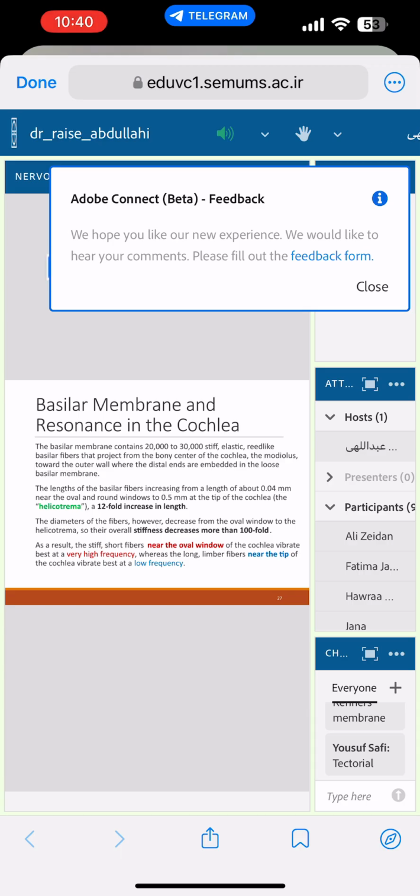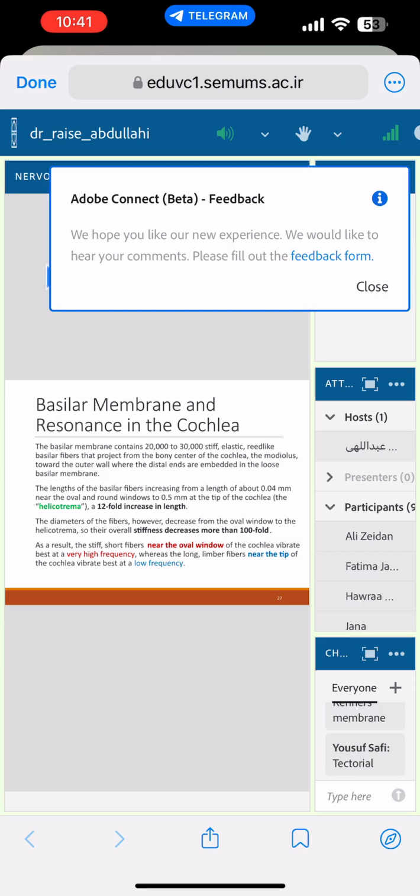The diameter of these fibers decreases from the oval window to the helicotrema, so their overall stiffness decreases more than 100-fold. As a result, the stiff, short fibers, this is important, please pay attention.